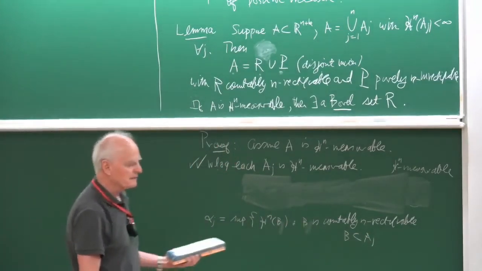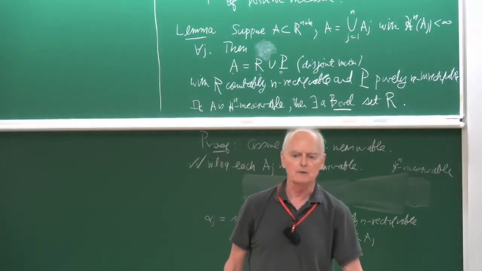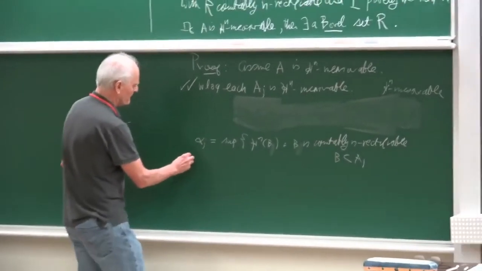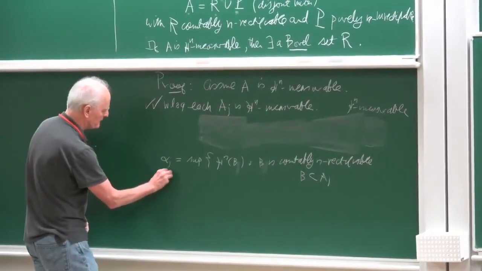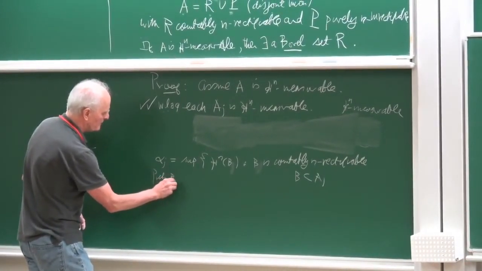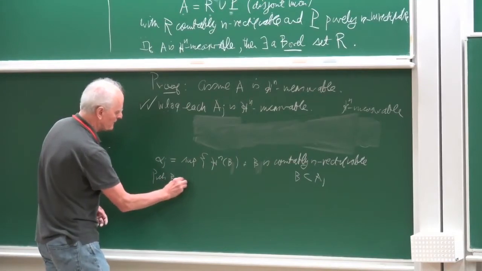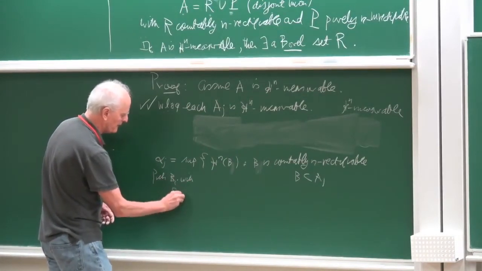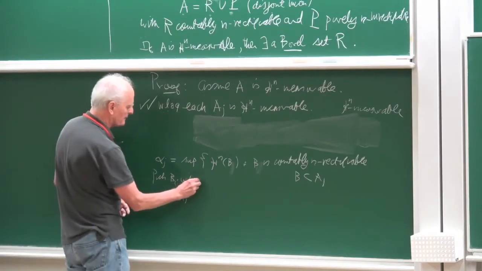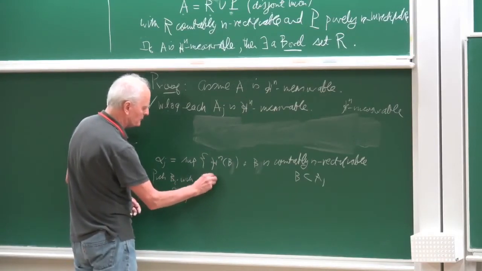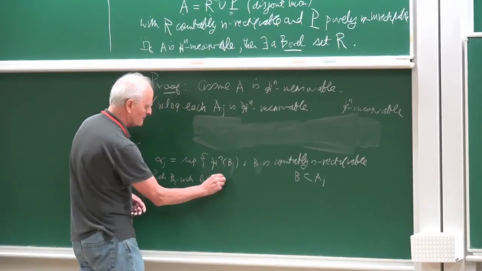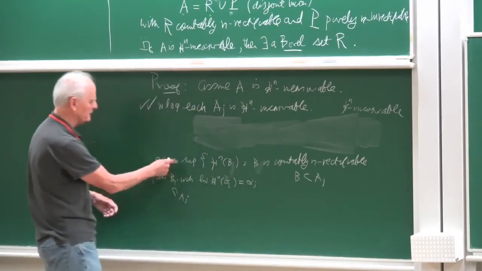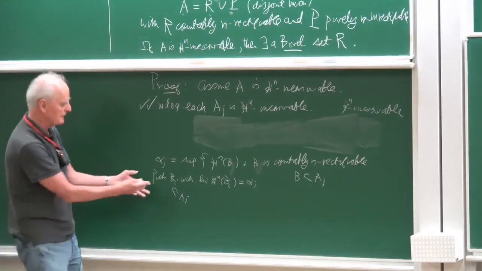Now clearly you can attain that value alpha_j, right? Because you can pick a sequence B_i contained in A_j with limit H^n(B_i) equals alpha_j by definition of sup. And then you just take the union of these.